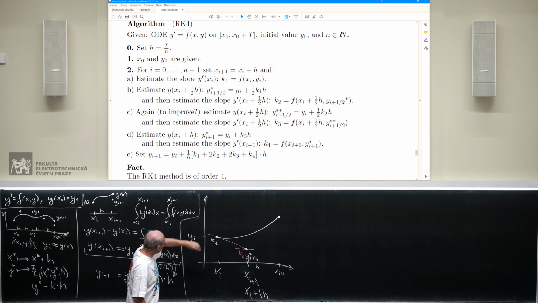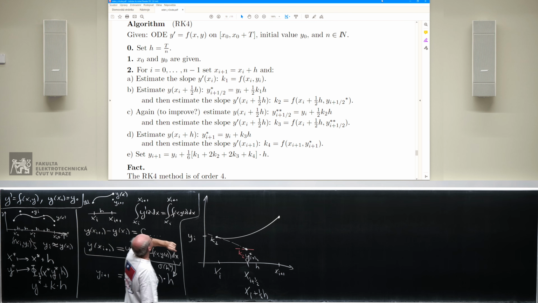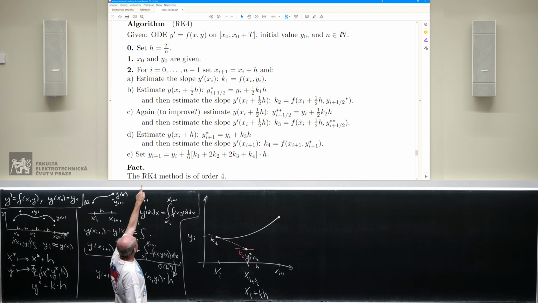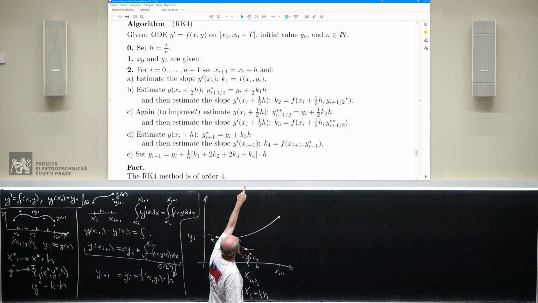And now, we keep starting from this original location. So now we are going to follow slope K2 to find some information about slope K3 at a specific point. So that's step C. Okay, how far do we go along this slope? Again, half a step. We want to improve the estimate at half the step.